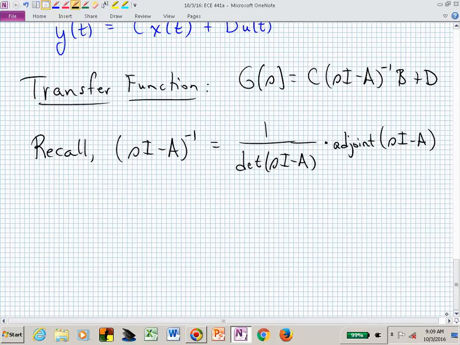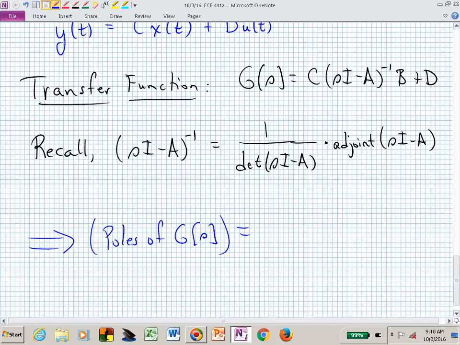But now if I said, can you tell me which piece of that expression on the right-hand side of sI minus A inverse gives rise to the poles of G of s? We now know that the poles of G of s are the values of s that cause the denominator to vanish.